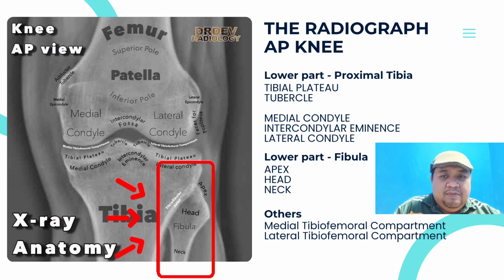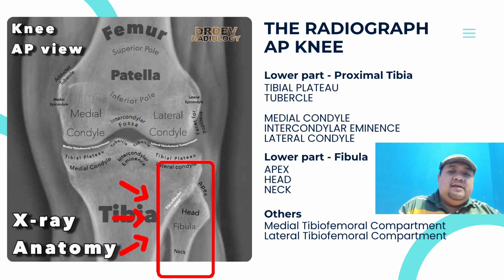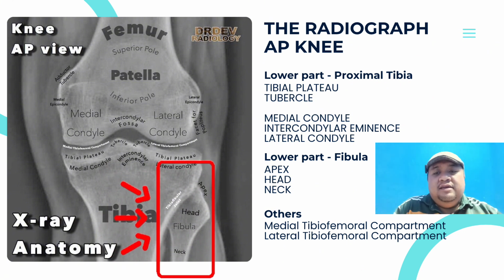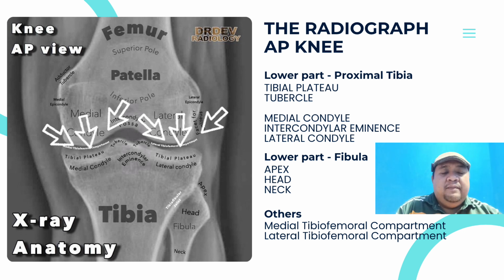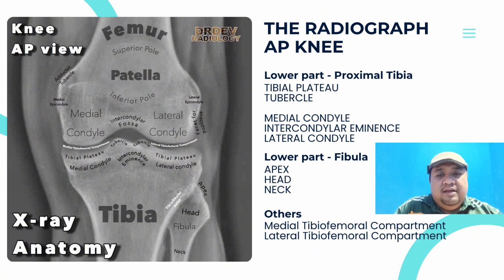The head is slightly below the tibial plateau, and the neck is just distal to the head. As we can see here, you will notice the medial and lateral tibiofemoral compartments. These compartments are where degenerative changes often occur. Knowing this structure helps when evaluating trauma, arthritis, or knee joint disorders.